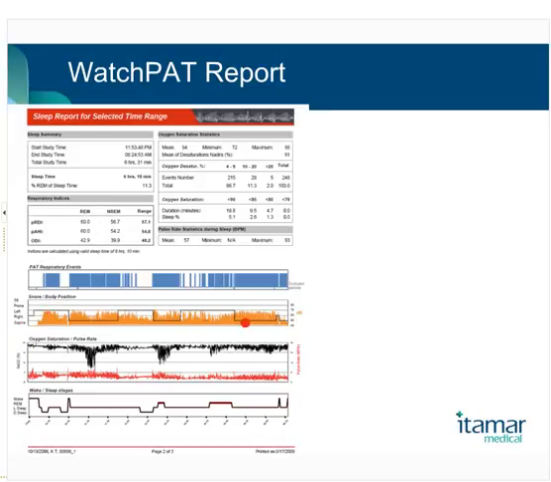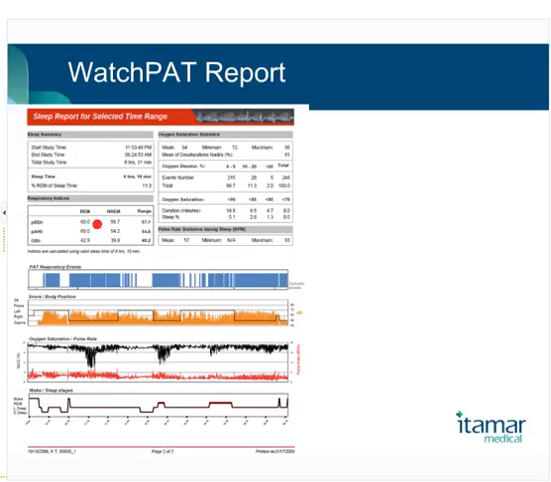You can look, for instance, at the oxygen saturation values here and say there's probably 1, 2, 3, 4 REM periods during this study, because these desaturation periods probably line up pretty well. And you can see here that the patient has both a very elevated RDI and an elevated AHI, pretty close to the same.